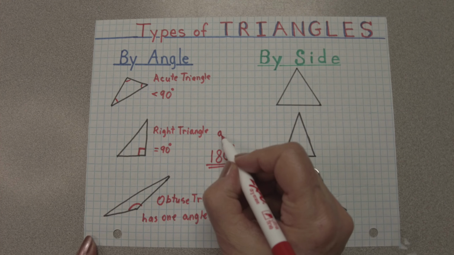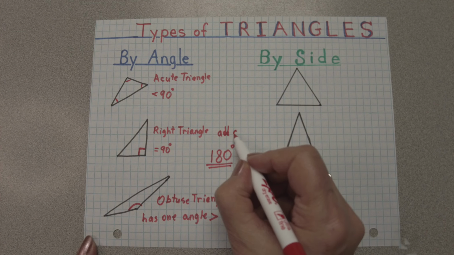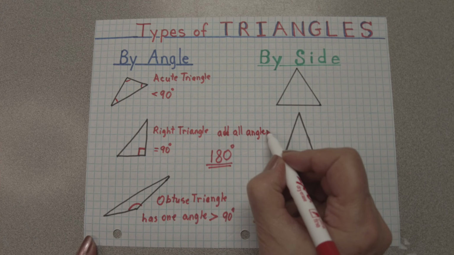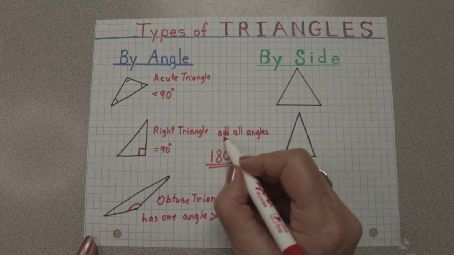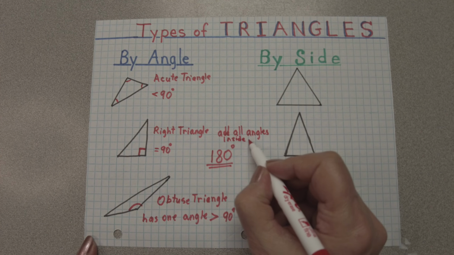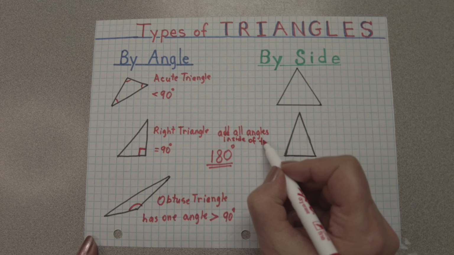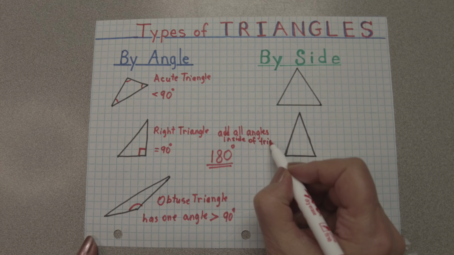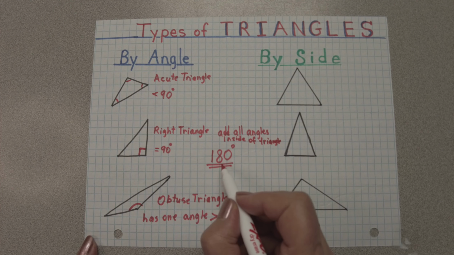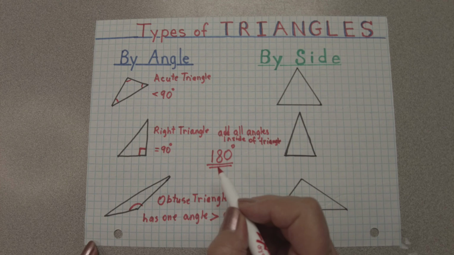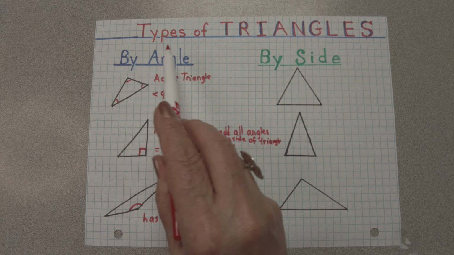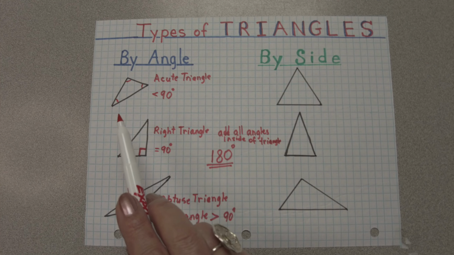If you add all angles inside of a triangle, you will get 180 degrees. You need to memorize this. Okay, this is about types of triangles by angle.